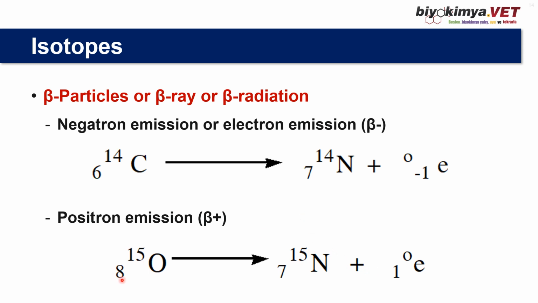In other words, look at oxygen-15, which has 8 as its proton number. One of the protons turns into a neutron, which turns oxygen into nitrogen by decreasing the proton number by 1. And here, the proton number increases.